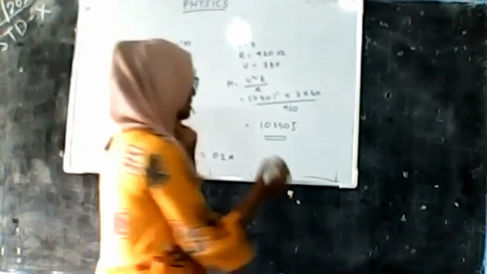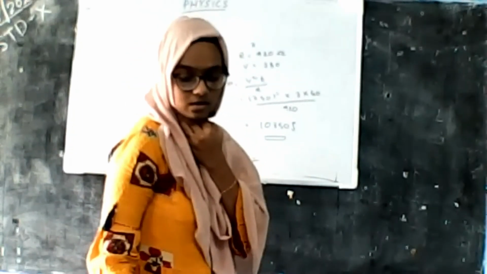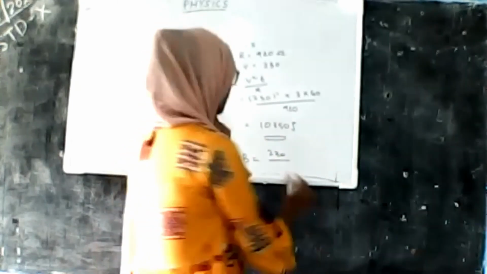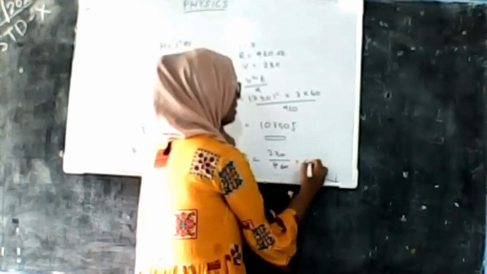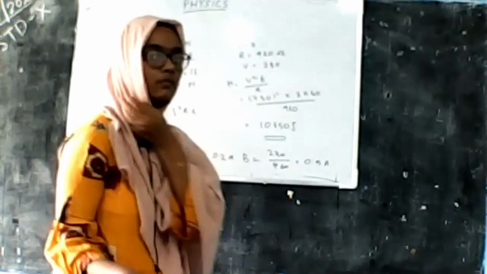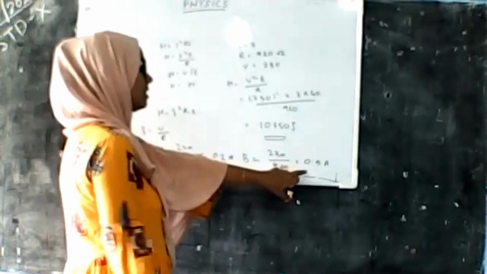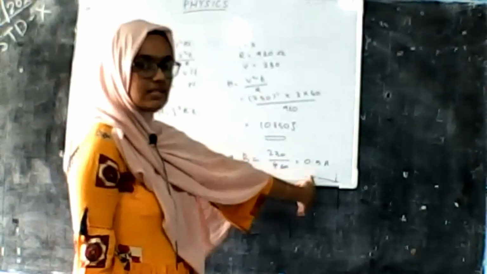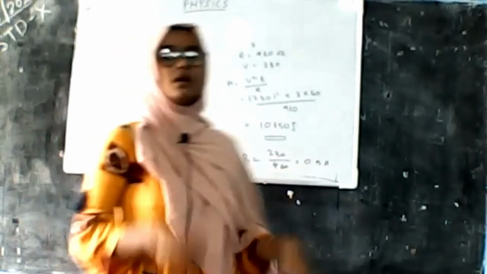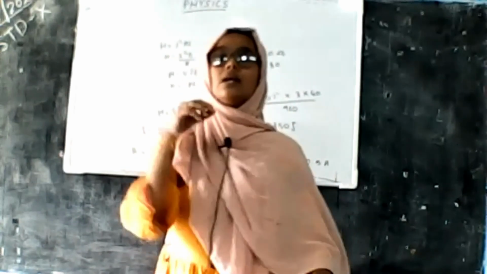For heater B we get 230 divided by 460, and the current produced is 0.5 ampere. When we compare the current in both cases, where the resistance is high, the current is small, and where the resistance is low, the current is large and the heat is large.